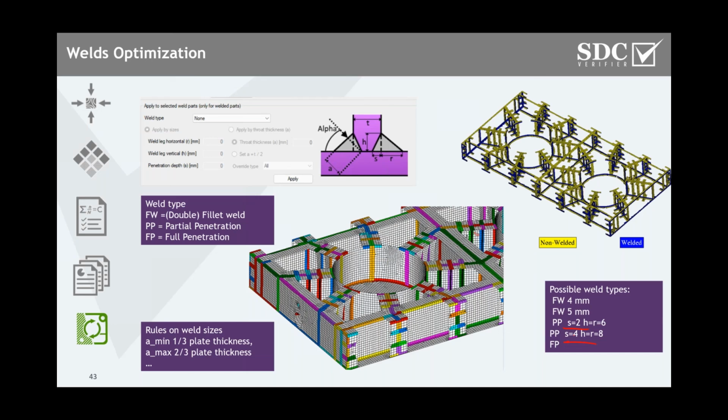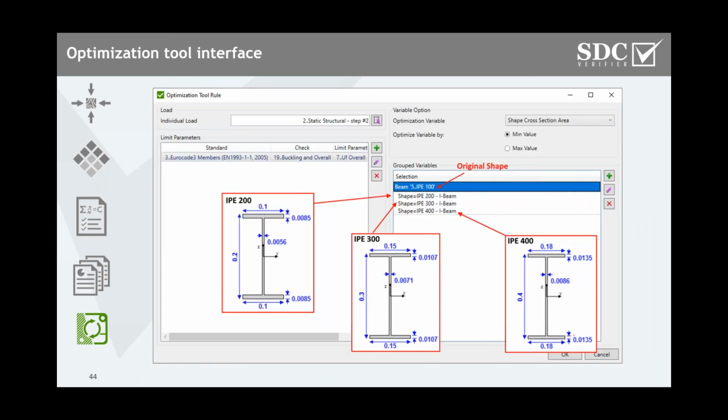And the software will automatically calculate the certain standard that has been assigned and optimize your design based on the parameter by defining the optimal value of either a cross-section area or thickness or weld type to comply with the requirements of regulations.